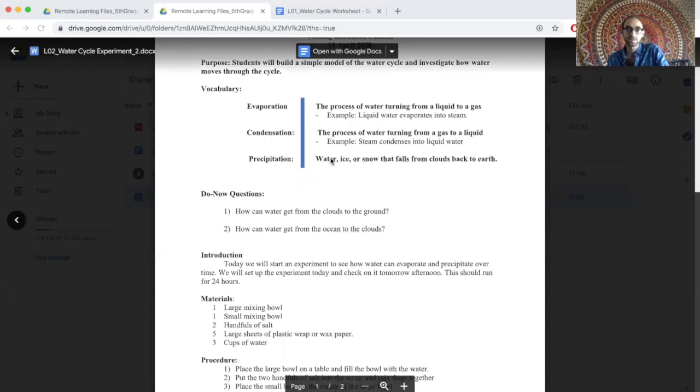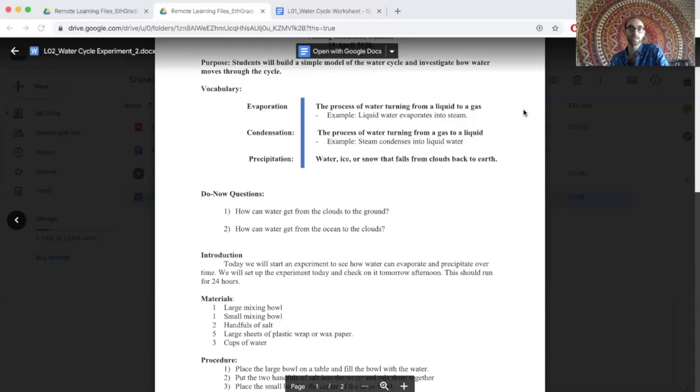So let's consider 2 quick questions first. I have these under our do nows, which, as we used to do in class, we would always start the lesson with. The first one is, how can water get from the clouds to the ground? Just think about it from last week, and you can write it down in your notebook, or if there's any other handout that the teacher might give you. And the second question is, how can water get from the oceans to the clouds?